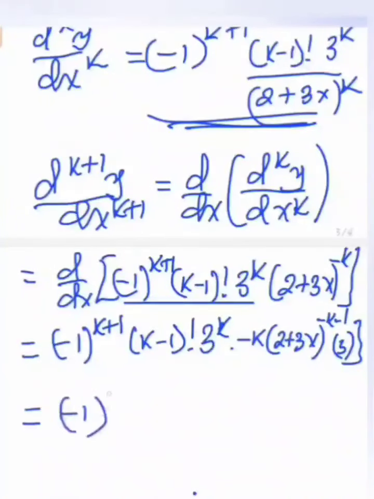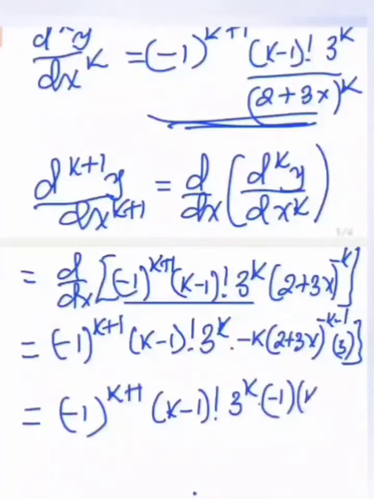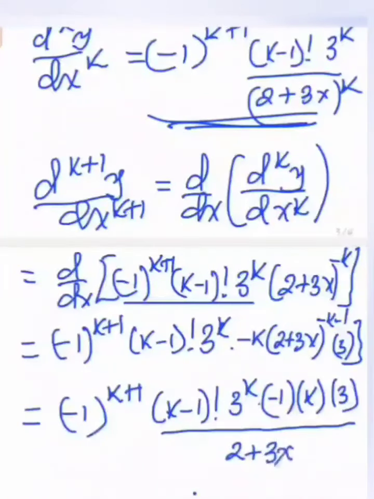Negative 1 to the k plus 1 into k minus 1 factorial 3 to the k dot negative 1 into k into 3 all over 2 plus 3x to the power k plus 1.